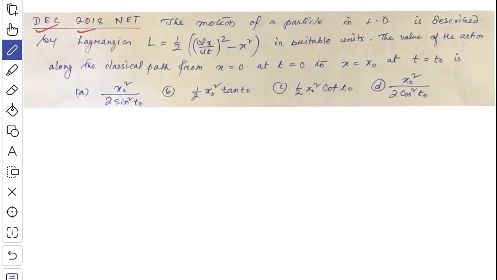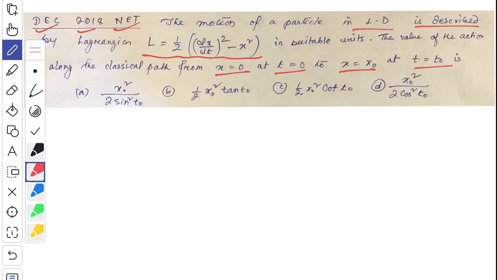Our next question is from December 2018 CSIR NET. The motion of a particle in one dimension is described by this Lagrangian. We need to find the value of the action along the classical path, where x is equal to 0 when t is 0, and x is x naught when t is t naught.